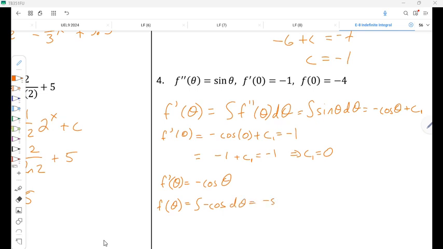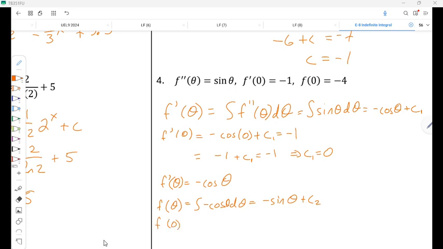Negative sine theta, yep, plus c. So we'll write C2 this time, and I won't forget. I forgot. It's, yep, cosine theta d theta.